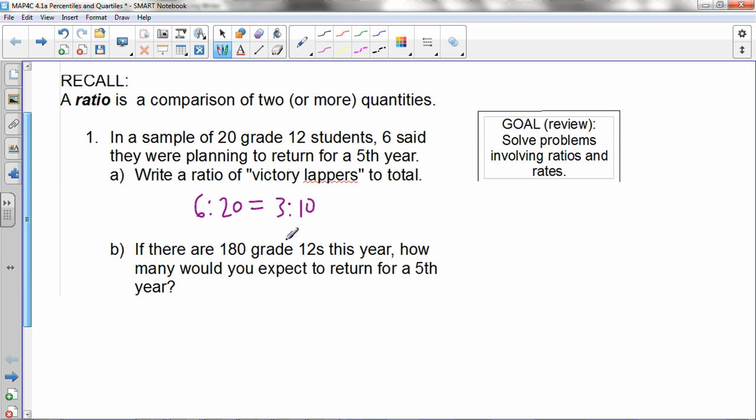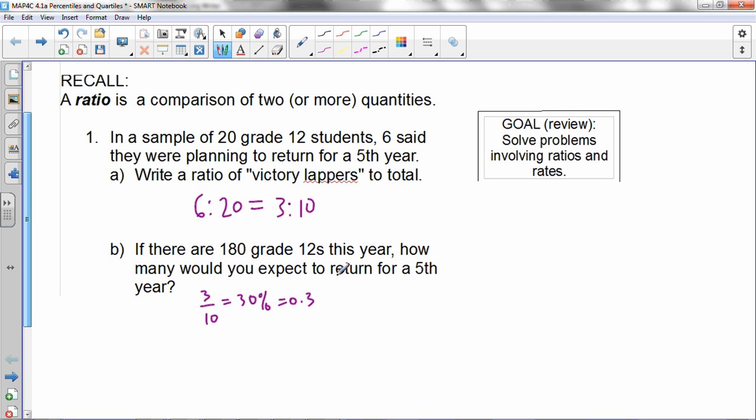If there are 180 grade 12s this year, how many would you expect to return for a fifth year? Well, the ratio 3 to 10 can be written like that, a fraction. That's 30%, which is 0.3 in decimals.